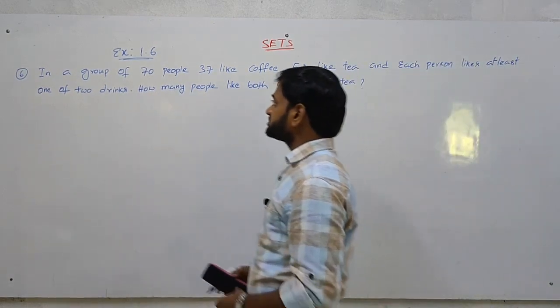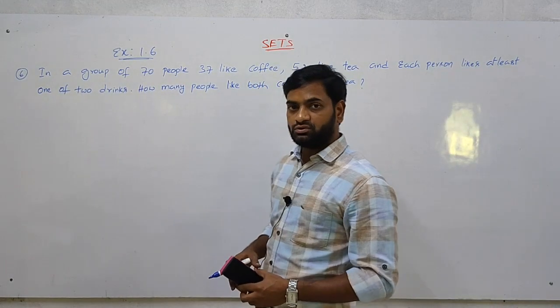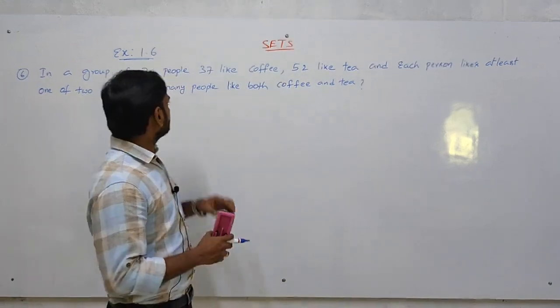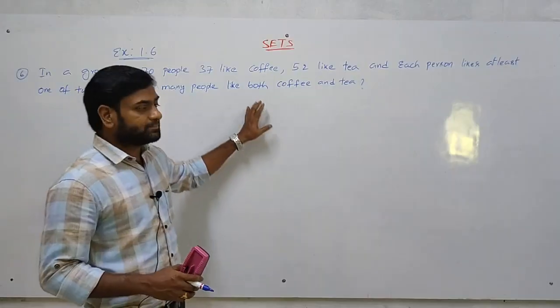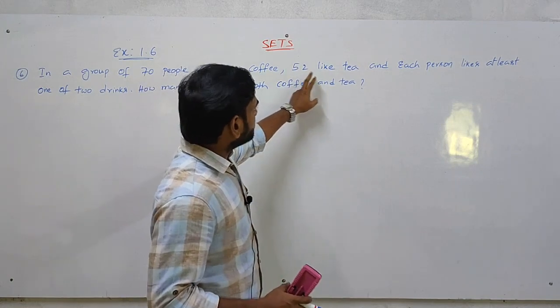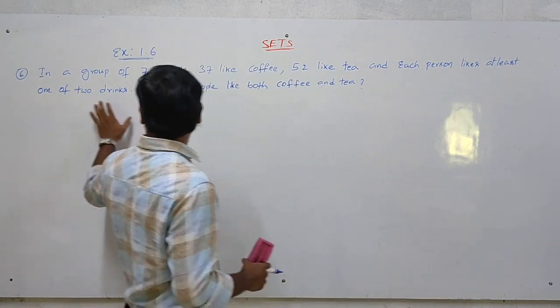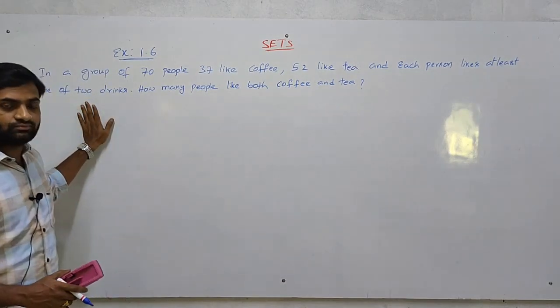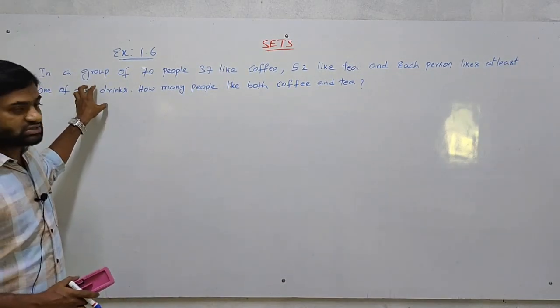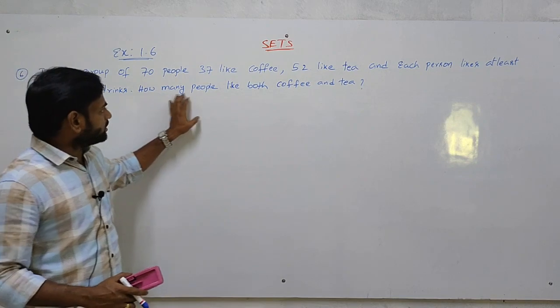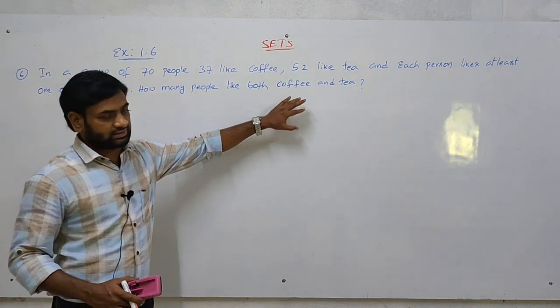See, the sixth one is, in a group of 70 people, 37 like coffee, 52 like tea, and each person likes at least one of the two drinks. We'll discuss that later. How many people like both coffee and tea?